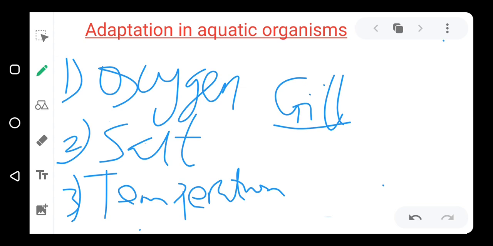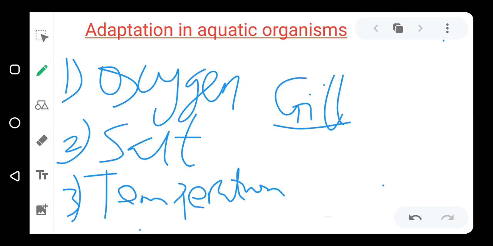What salt does in the body is that through a process we call osmosis, if the salt concentration in a certain part of the body or in a cell is too much, water will be coming inside the cell. And if the salt concentration outside the cell is more, water will be moving out from the body to the environment. And this will create a problem for the cell.